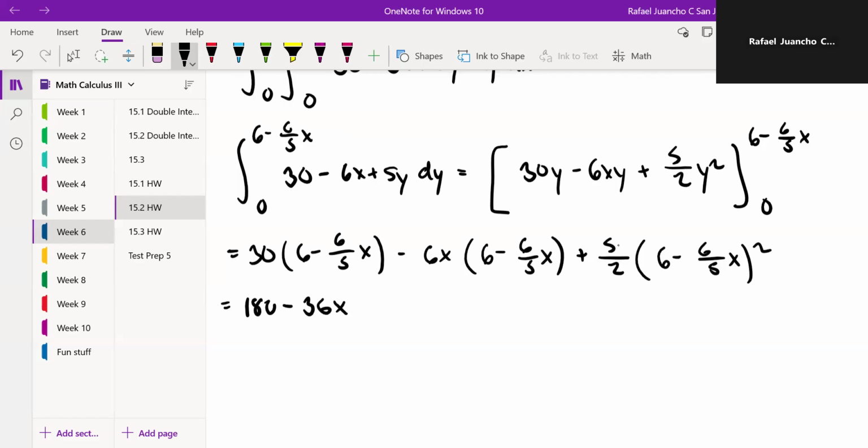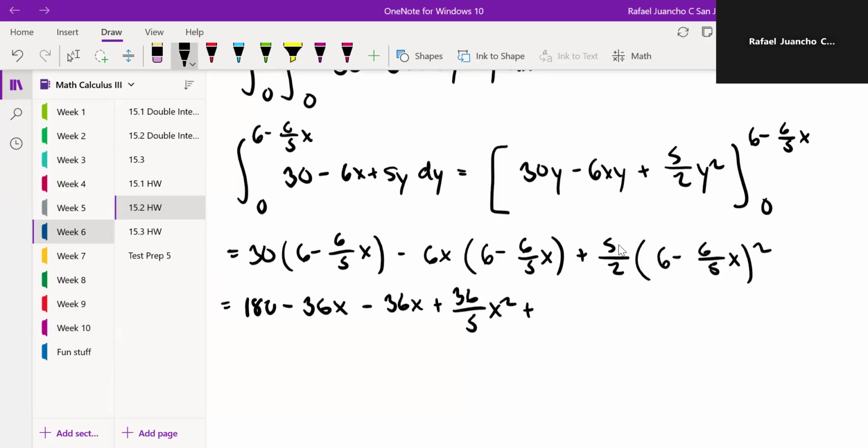I could even just go the normal way, just multiply it, 180 divided by 5. It should give me 36. Then this one is minus 36 again. Then this one's a plus 36.